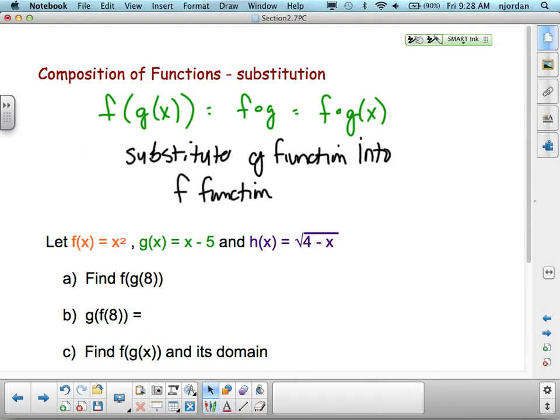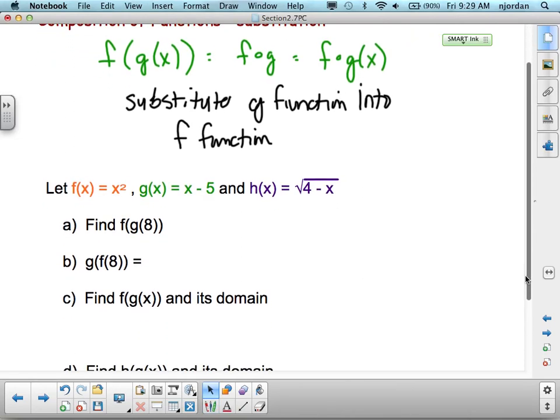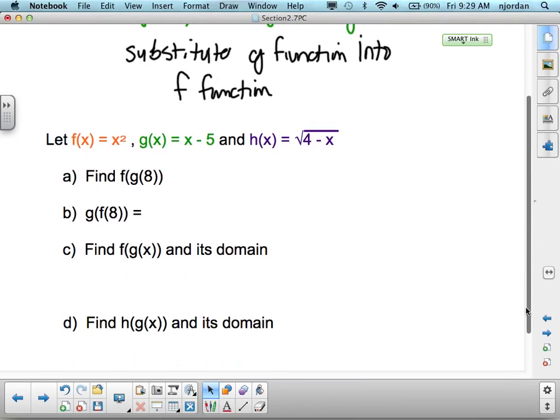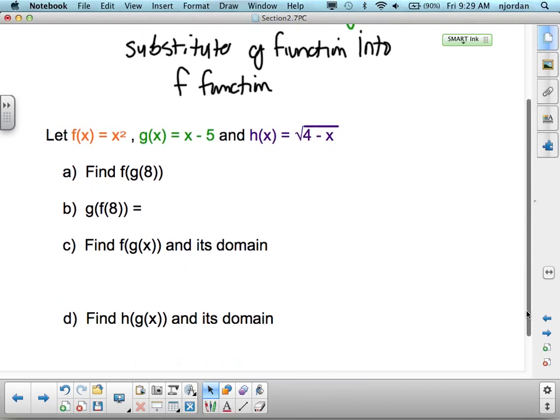All right, now I have some good examples here for us to take a look at, and take note of my color here, okay? The f function is orange, my g function is green, and the h function is blue. Okay, so if I want to find f of g of 8, the first thing I need to do is evaluate g of 8.